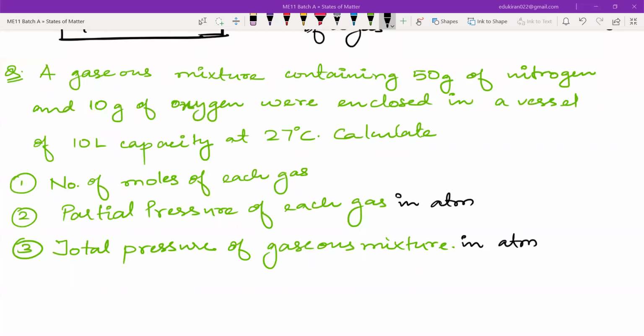Shravya is giving me the units. Yes, that is correct. The value is correct. What will be the units? Liter ATM per mole per Kelvin.